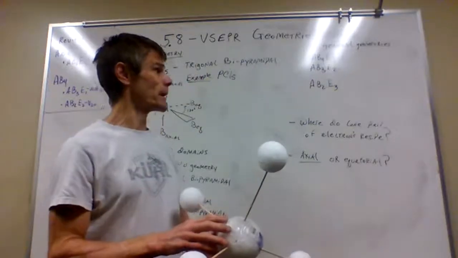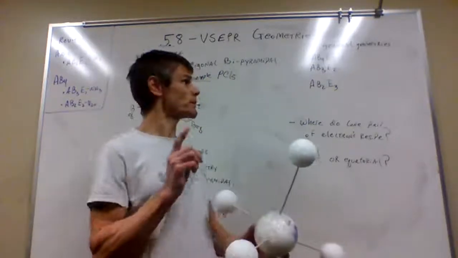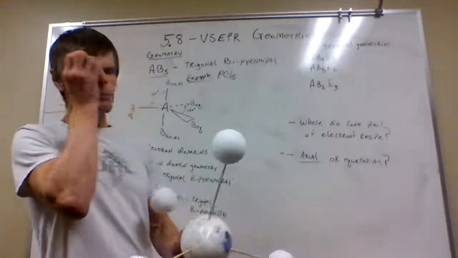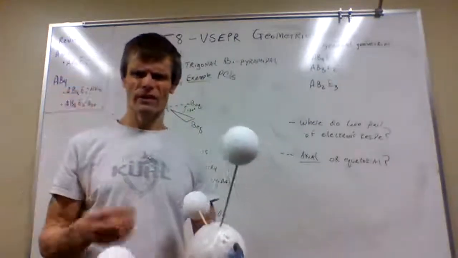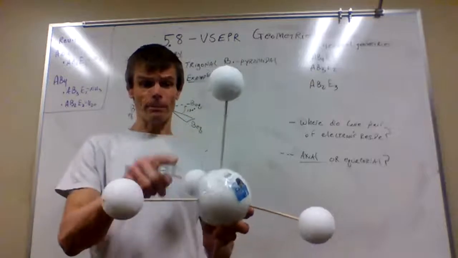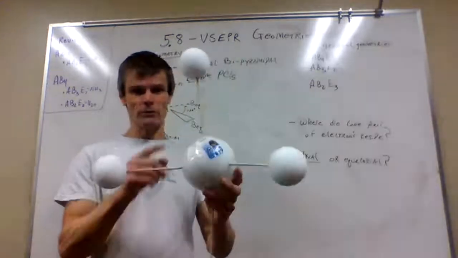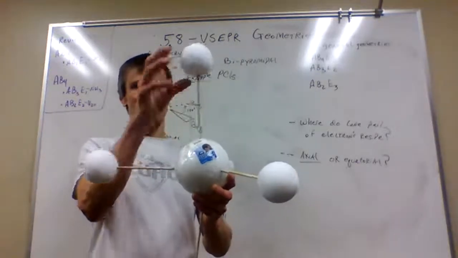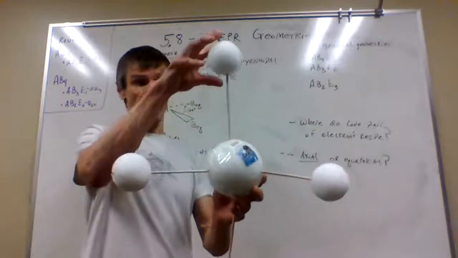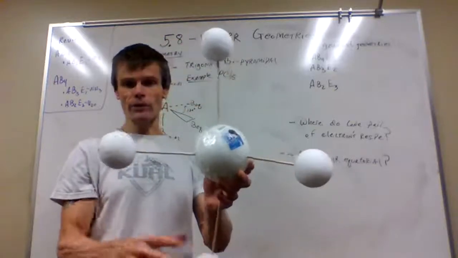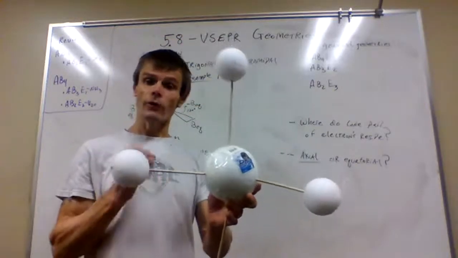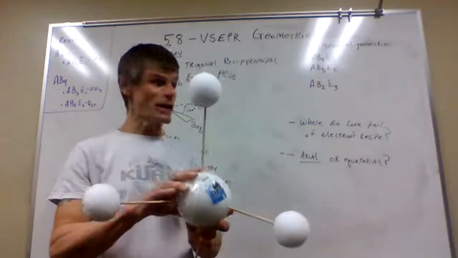And we can also have an AB3E2 and an AB2E3. Now, the big question that we have to address, because there are different bond angles between the atoms, is whether the lone pair we're going to place is at an axial position or an equatorial position.